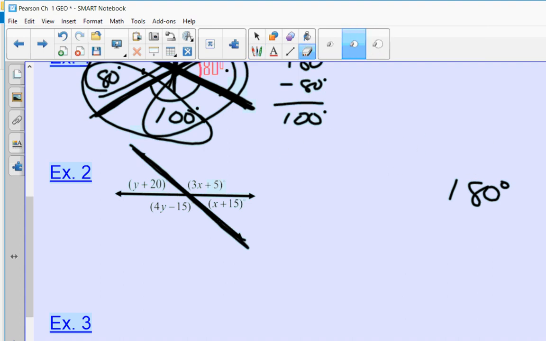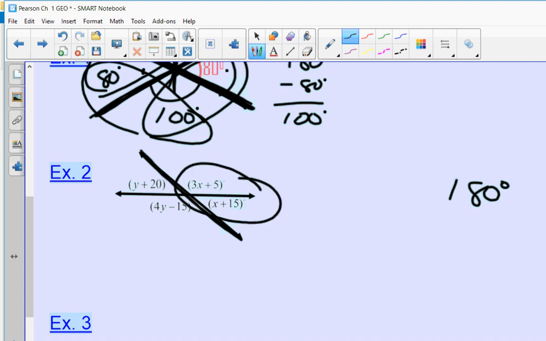And if I look at this line, I'll call this the top. Those two angles have the same variable, in this case x. And I know that by my rules, my definitions, those two angles are adjacent and they should equal 180 degrees.